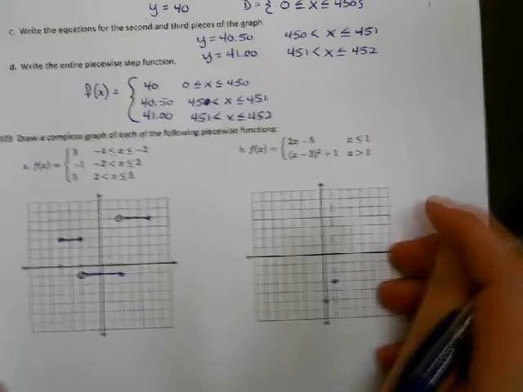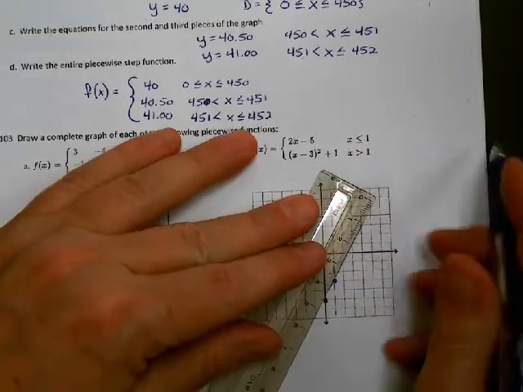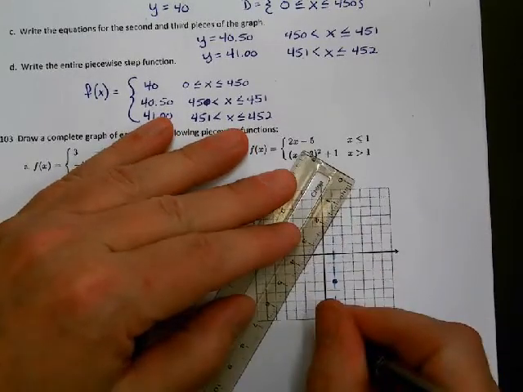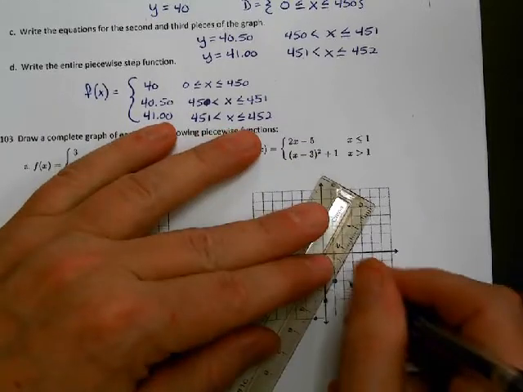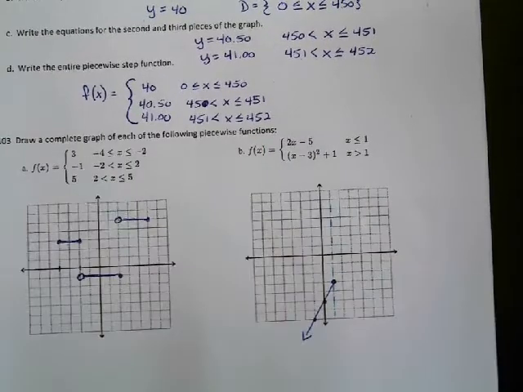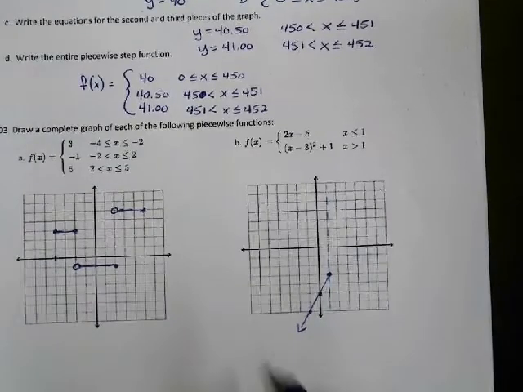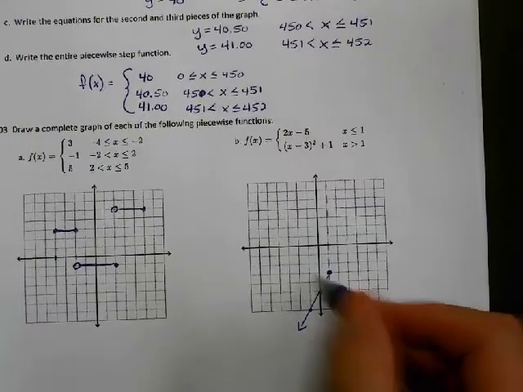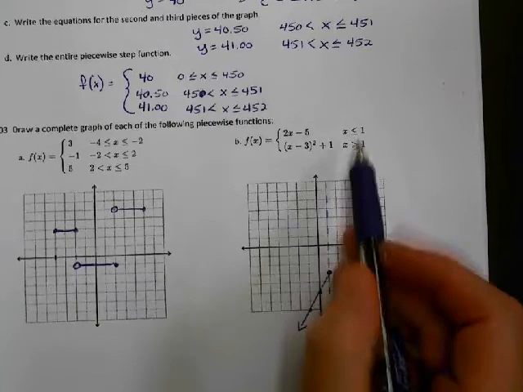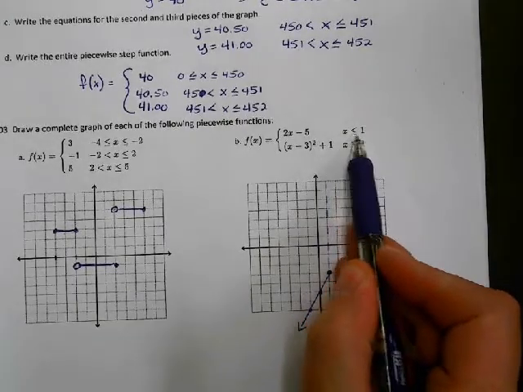So far, here's what my graph looks like. I guess I should put another point down here, huh? There we go. So far, I've got a line that gets to this x is equal to 1 and stops, because this only works when x is less than or equal to 1.